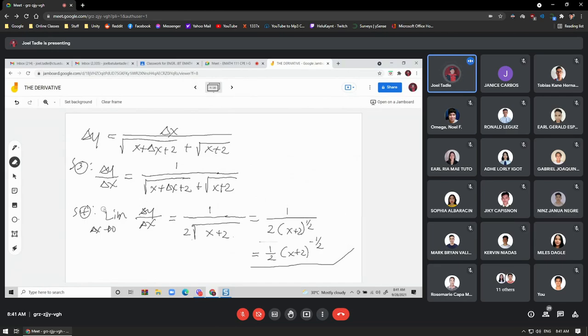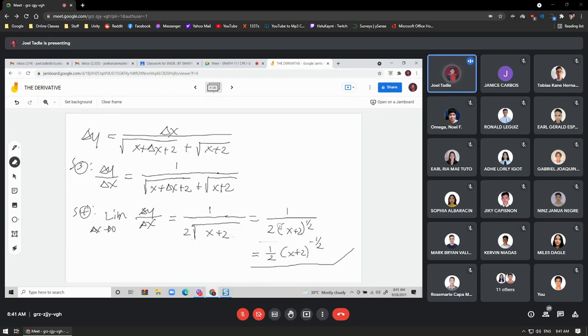We divide delta y by delta x. So, we have here delta y over delta x is equal to 1 over square root of x plus delta x plus 2 plus square root of x plus 2. Then, evaluate the limit of delta y over delta x as delta x approaches 0. So, we have 1 over 2 square root of x plus 2.